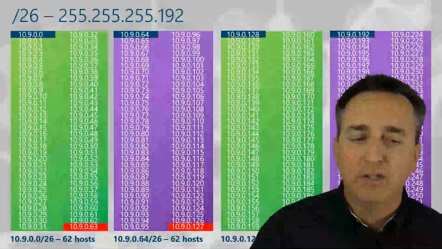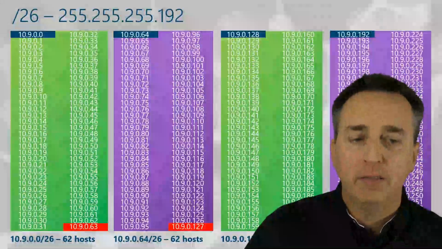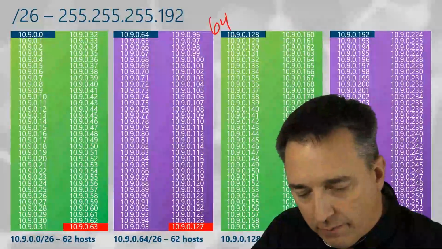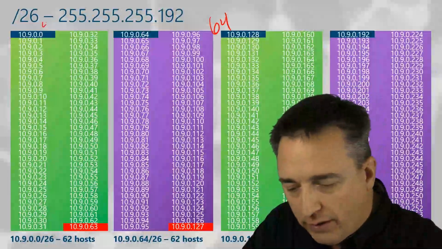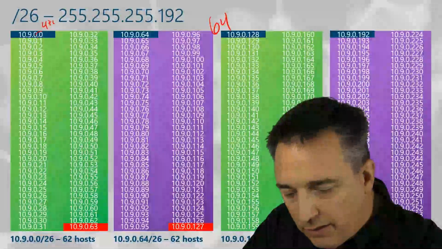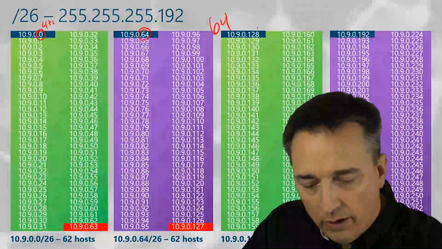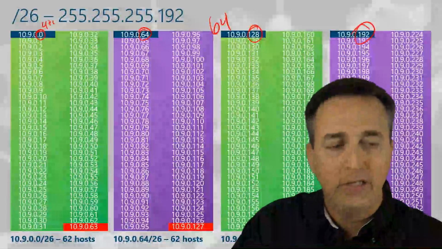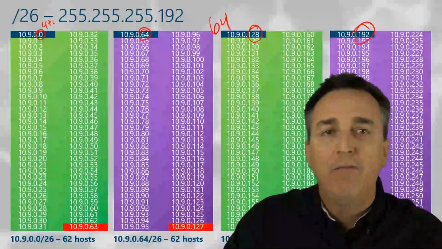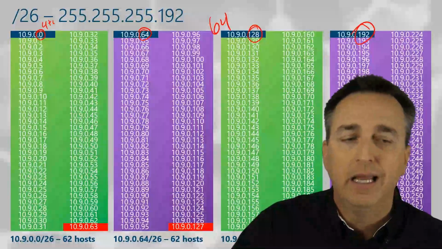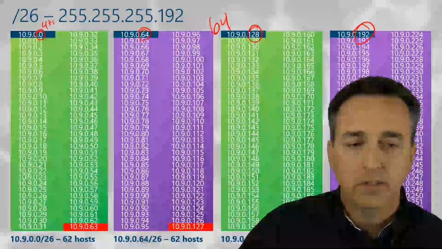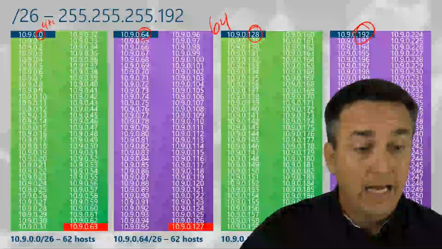When we get to a /26, what are you progressing by? You're progressing by 64 now. So when you're counting, and you're in the 4th octet again, you think about it: 0, 64, 128, 192. You have the ability to figure out all your network IDs for that subnet mask if you understand this counting concept. Let's take it to a /27.